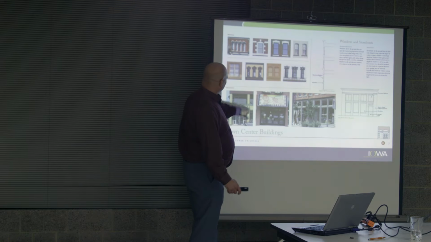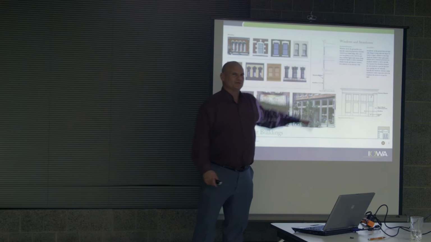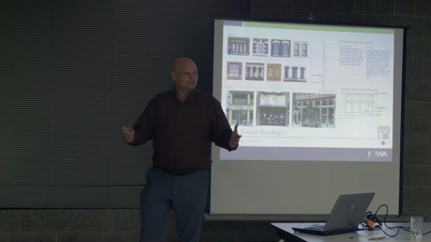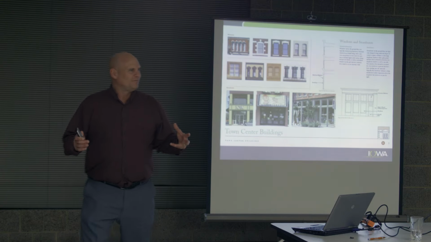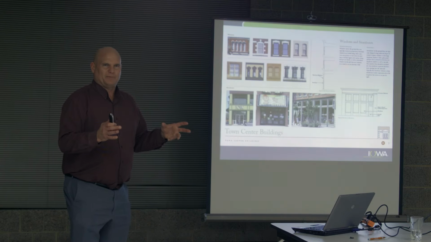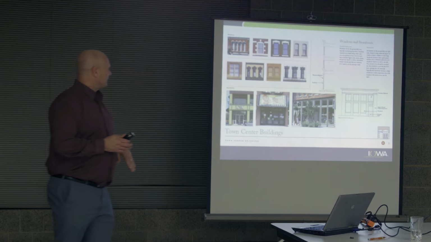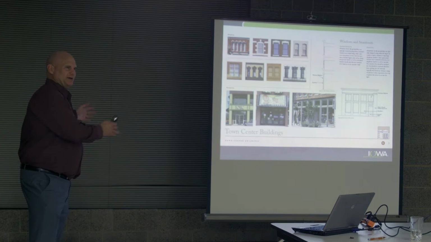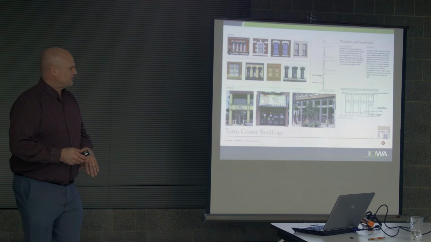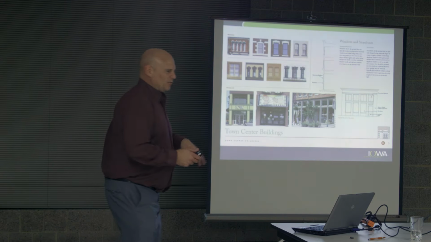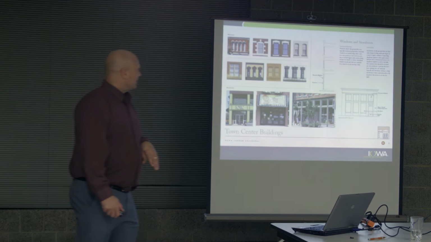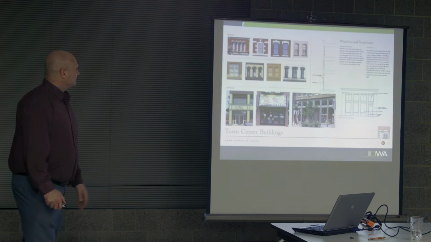Those are the examples they're using for these new construction elements in this new town development. So the real thing is what people are attracted to. We're understanding that that's what people really relate to, and we're seeing that being mimicked in new construction. So it really says a lot about the importance of what we do and what we're doing in downtown.